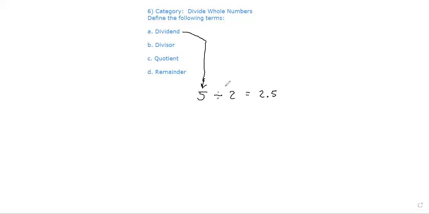The number being used to divide the dividend is this number right here. We say we're dividing 5 by 2. The 2 is called a divisor. That's the one we're dividing by. Now, the quotient is the answer to this. 5 divided by 2 gives us 2.5, so that's the answer.